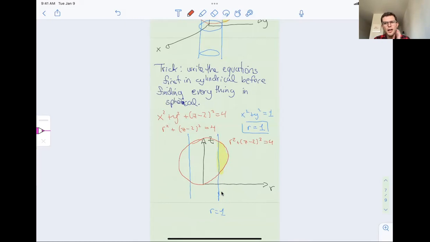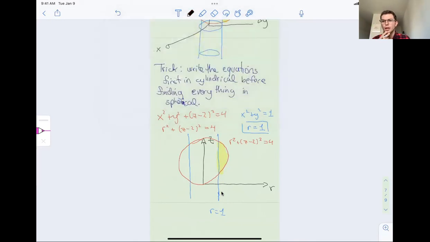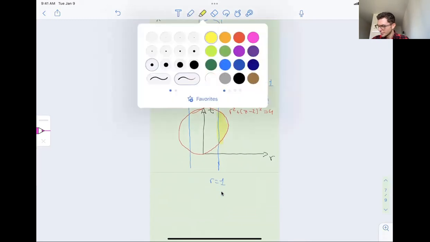And now the idea is that the rays that you need in spherical become arrows on this plane. So here's the trick.